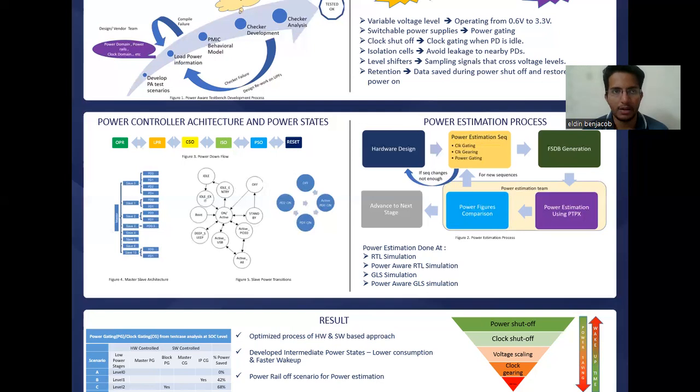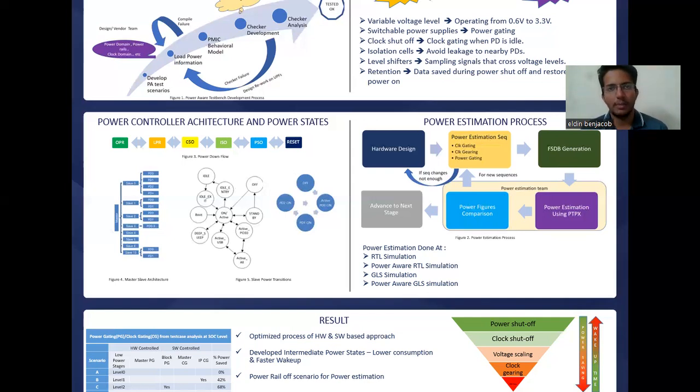First is the LPR, which is a low power state, as some of the IPs have their own low power states. That comes under this particular state, where if there is no data transmission for a particular duration, it goes to the LPR state. Then we have the clock shut off, the isolation state, then the power shut off state, and then the reset stage.